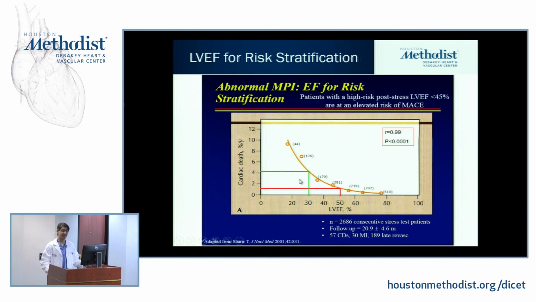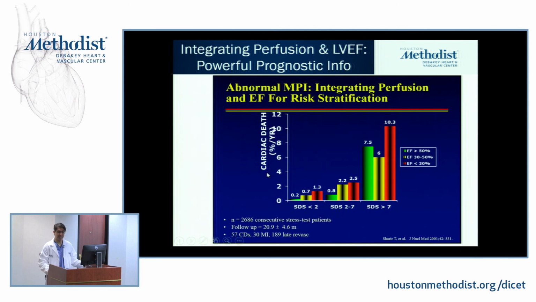If your ejection fraction falls, it also impacts prognosis. With an EF less than 50%, you can see cardiac death significantly increases. And you can integrate ejection fraction and perfusion findings to better risk prognosticate your patients.